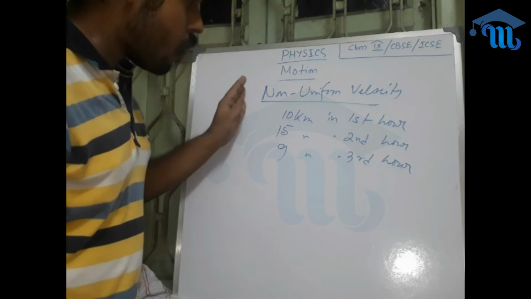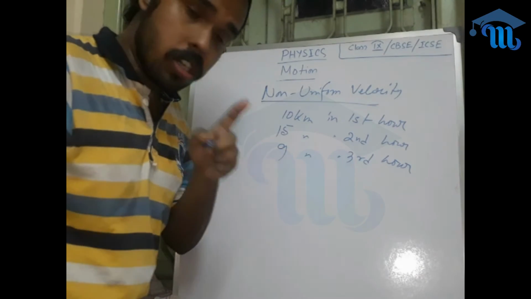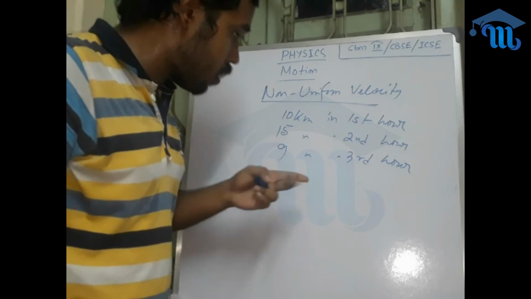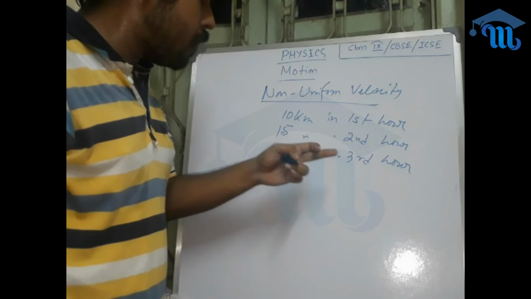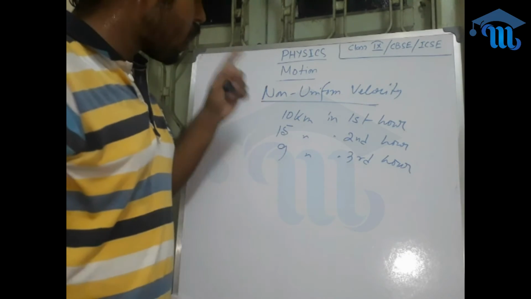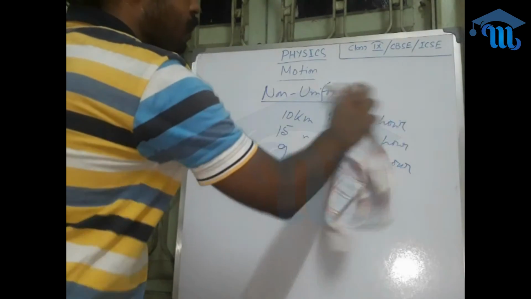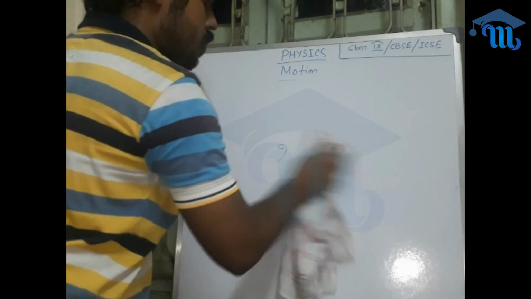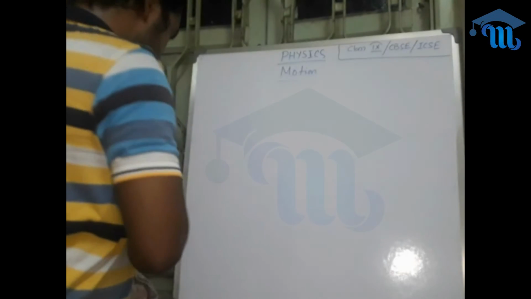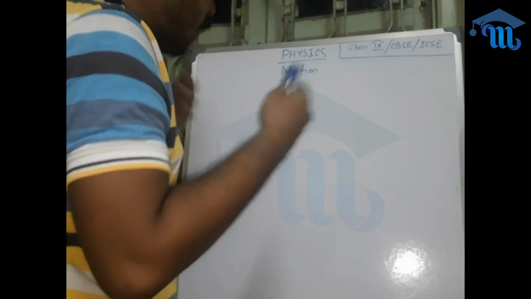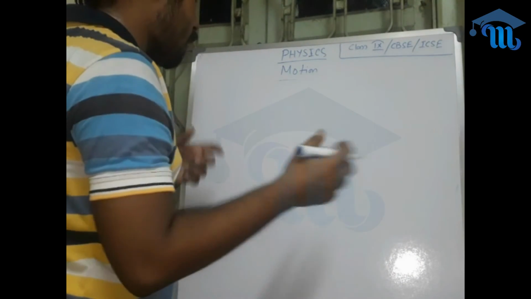And for the uniform velocity, as I told you earlier, in each and every time interval the distance will remain the same. That is your non-uniform velocity. Now there are some units, and I will talk about the units and everything else.